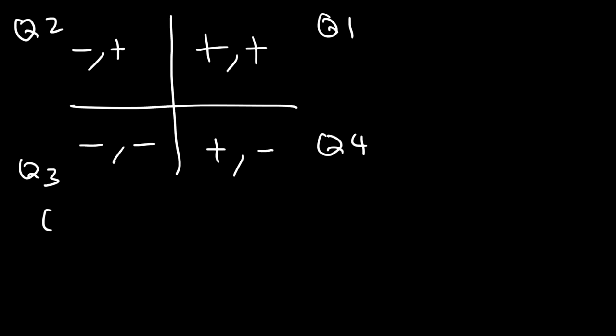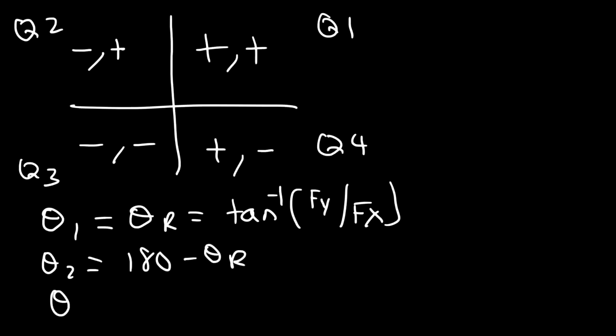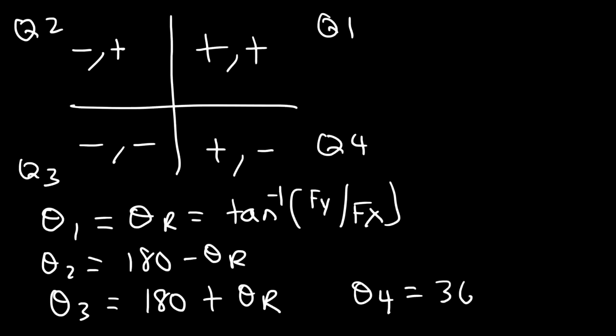And remember, if the resultant force vector is in quadrant 1, where F of x and F of y are positive, the angle is simply the same as the reference angle, which is arctan F of y over F of x, and make these two positive. If it's in quadrant 2, then it's 180 minus the reference angle. If it's in quadrant 3, the angle that you want relative to the positive x-axis is 180 plus the reference angle. And in quadrant 4, it's going to be 360 minus the reference angle.